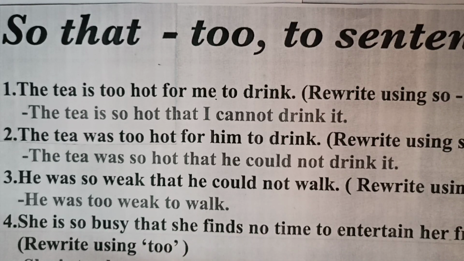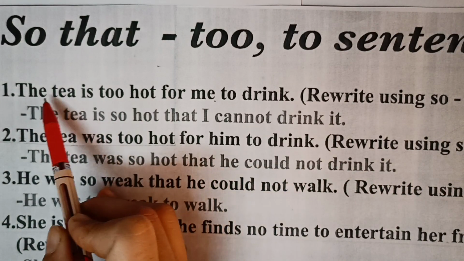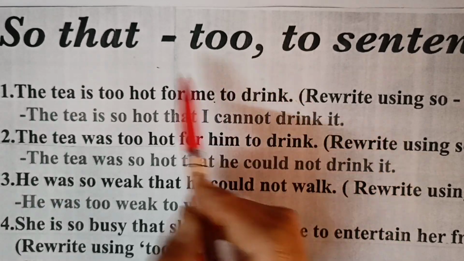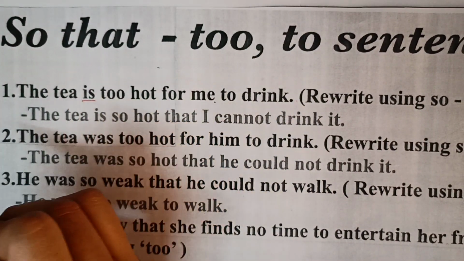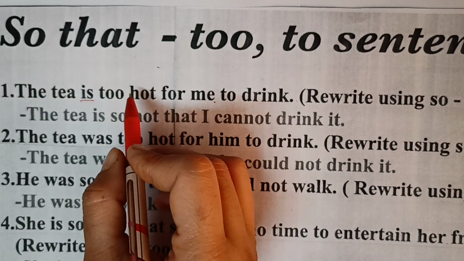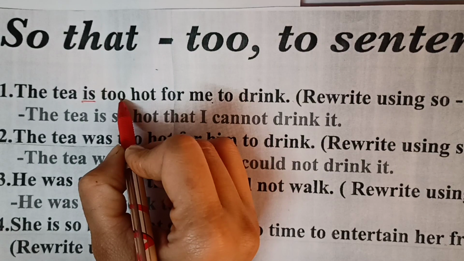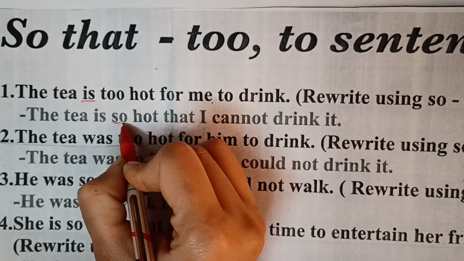So let's understand this sentence. See, "too" is an adverb and "to" is a preposition. Here, in this case, "The tea is too hot for me to drink." This statement is in present tense since "is" is used here. So in this case, what will we do? We will remove this "too" and rewrite the first part of the statement using "so".